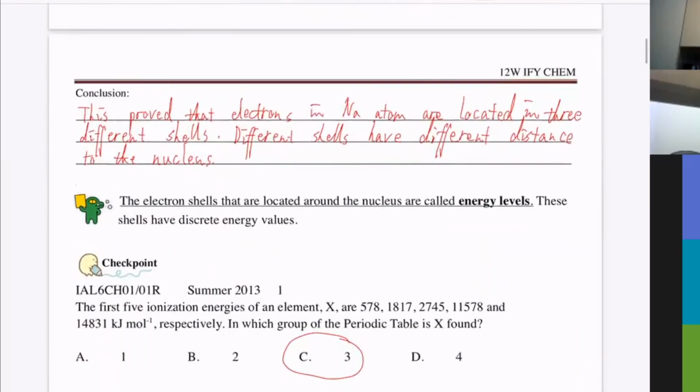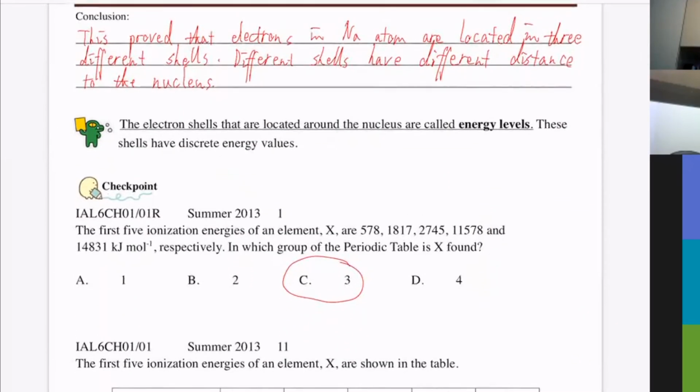Now take a look at this data. It might help you if you want to plot a diagram. The first ionization energy is 578, and the second maybe 1817, and the third one 2745. But the 4th one you can see here is 11578.